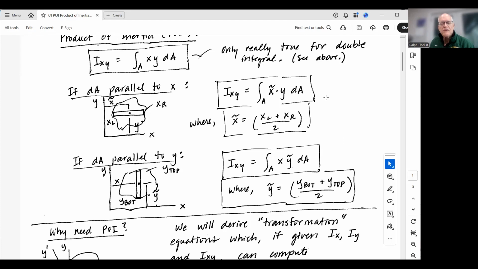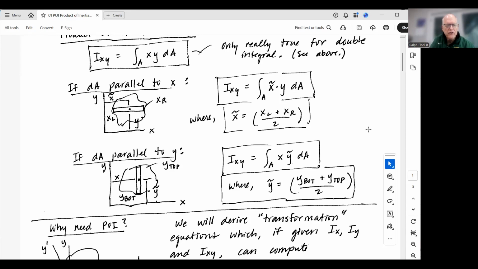Nobody ever writes them this way, but I'm trying to help you appreciate the nuances of this definition, what it is and what it isn't, and what it implies and what it doesn't imply. We'll say more about this when we get to integration, but just keep that in mind. But this is the generic definition: IXY is an integral over the area of xy dA.